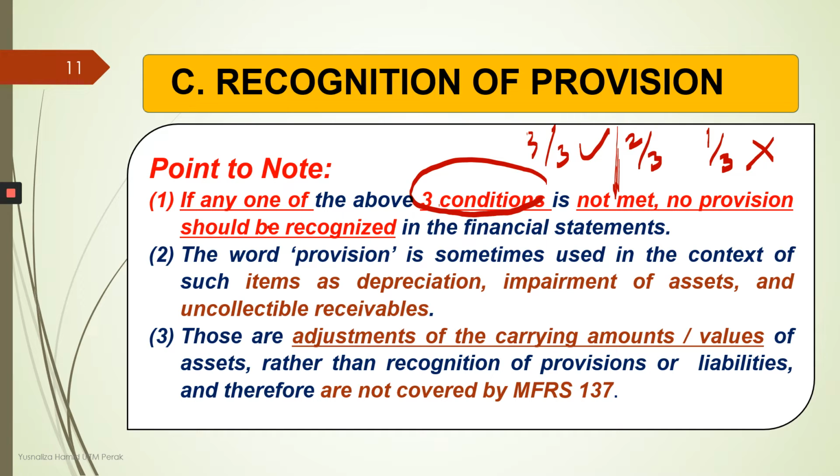All three are being met. So provision shouldn't be confused with depreciation, provision for depreciation, or any provision for uncollectible receivable. Our provision here are rather more on the provision of uncertain timing and amount, right? So liabilities. So it's not about trying to adjust the liabilities carrying amount, right? So you can read this on your own.